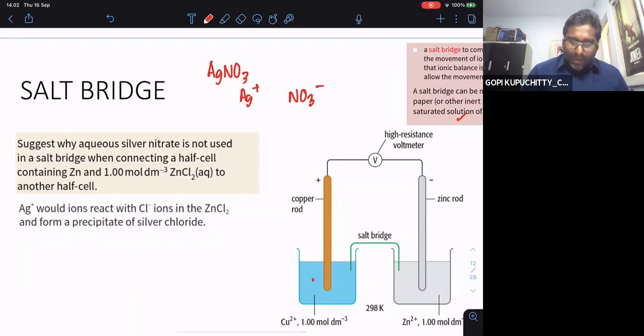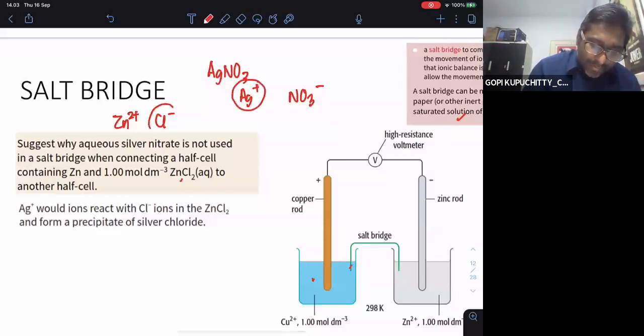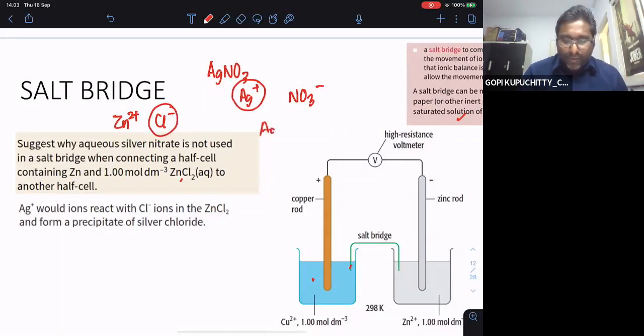And here, in this example, there's going to be Cl minus ion and zinc ion. What happens when they come into contact, because I want the ions to move, right? Silver ion, when it reacts, will form silver chloride.